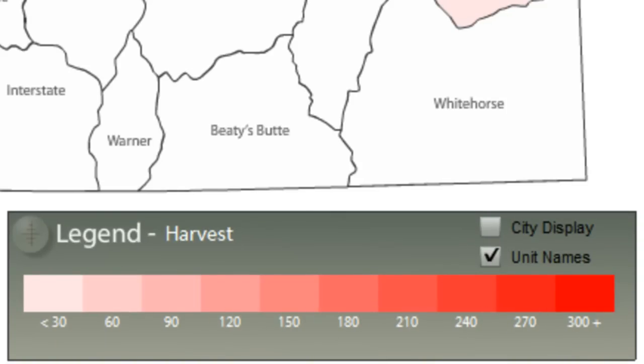This is going to be based on the total harvest, so the number of turkeys that were harvested in that unit. Now all of this data, once again, is made publicly available through ODF&W's website, and it's basically data that's reported by hunters after the season through filling out their tags and mandatory reporting.